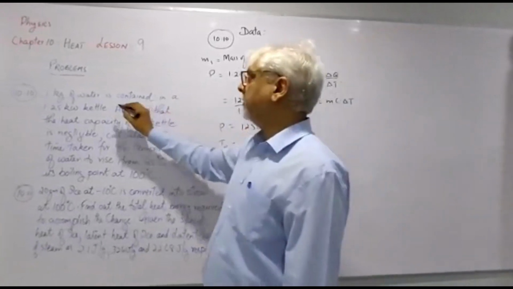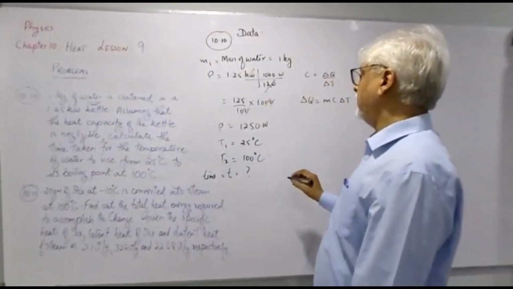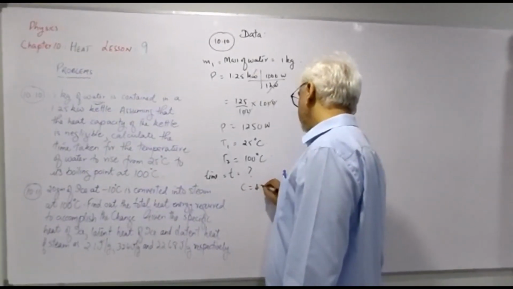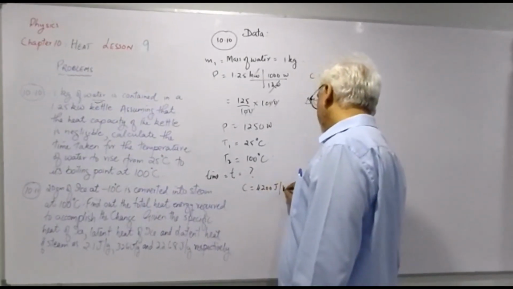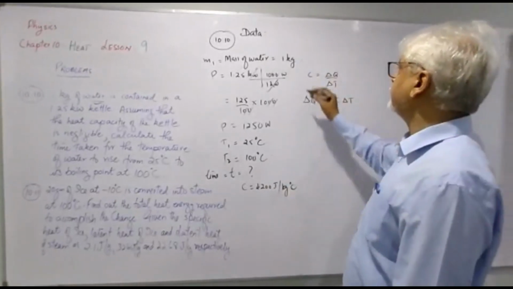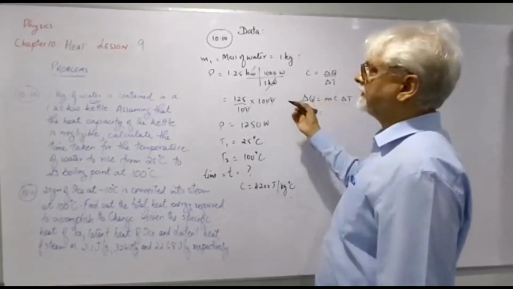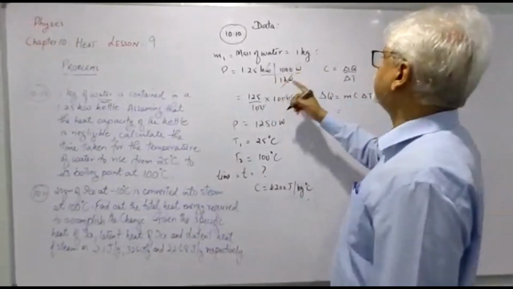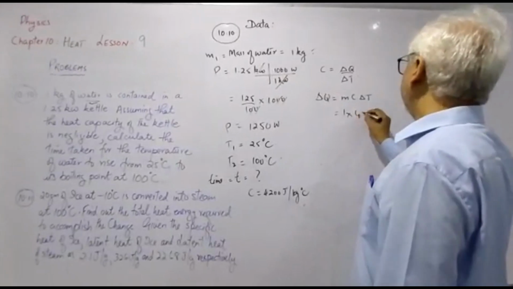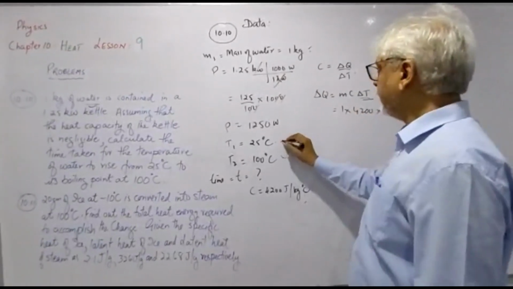It's talking about water. In water, you know that the specific heat capacity is 4200 joules per kilogram per degree centigrade. We're taking this as centigrade. And since this is given in kilogram, we take the mass of water as 1 kilogram times 4200 times the change in temperature, T2 minus T1.